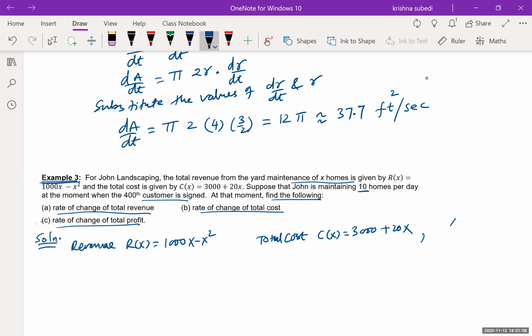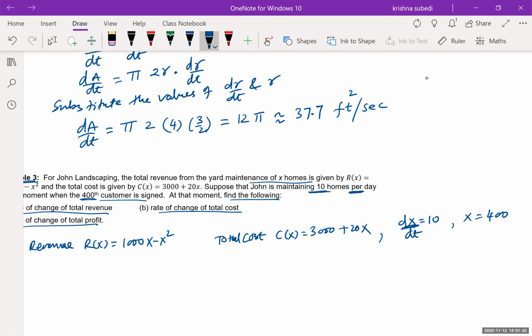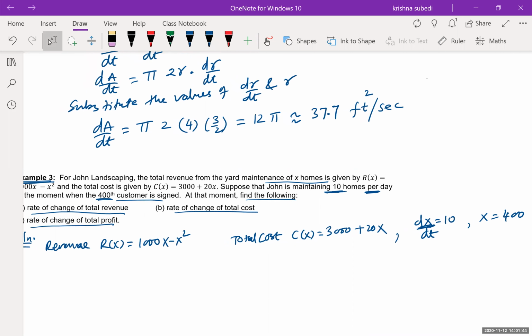So given here is X equals 10 homes per day. So that is clearly a rate of change. So dx over dt. Okay, that's the derivative. You see the word per, that is the key word, per day. John is maintaining 10 homes per day, so we can represent that information by dx over dt. And at the moment when the 400th customer is signed, that means X is 400. So these are the information given.